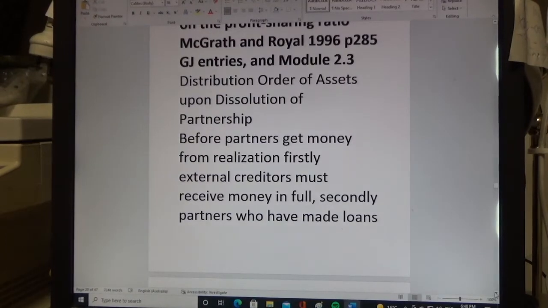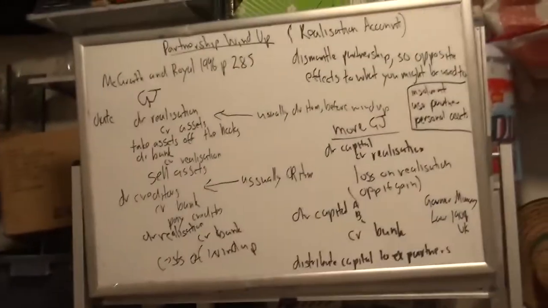And I'll just put the whiteboard up, one more whiteboard for partnership wind up. This is quite a long presentation, partnerships. The steps are quite long, as you can imagine.